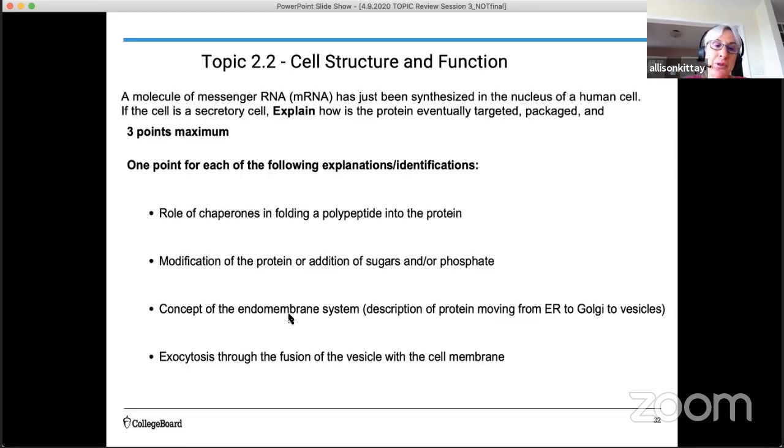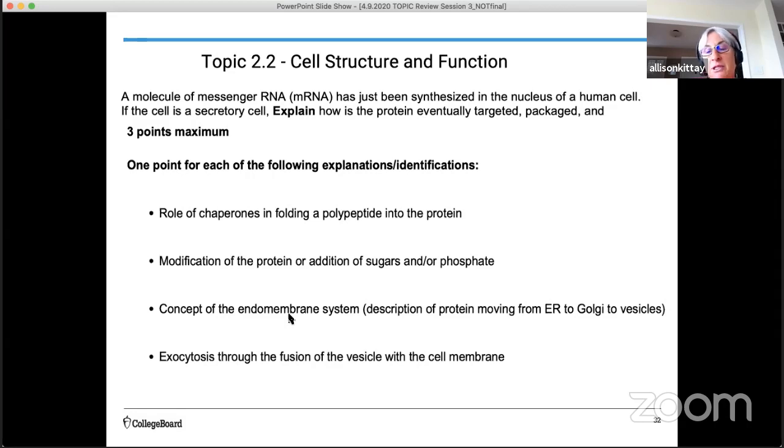So this was worth 3 points, a 3-point question. So any one of those bullet points would have earned you a point. First of all, there are special proteins called chaperone proteins that help fold that newly synthesized polypeptide into the protein, that it could be modified in the Golgi by the addition of sugars or phosphate groups, and a response that mentions there is an endo or internal membrane system.